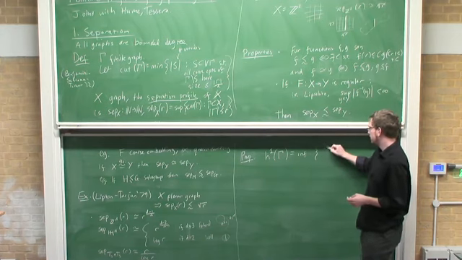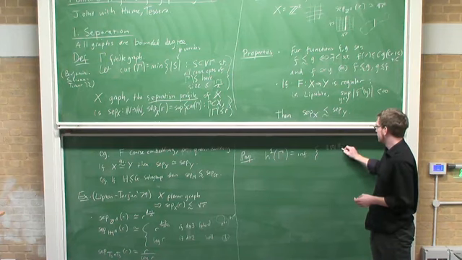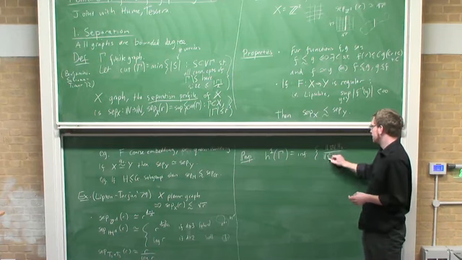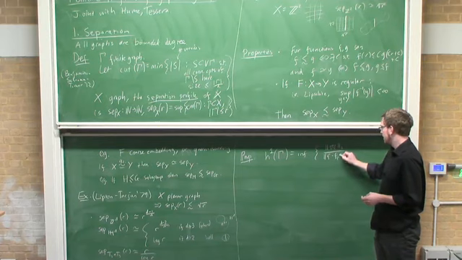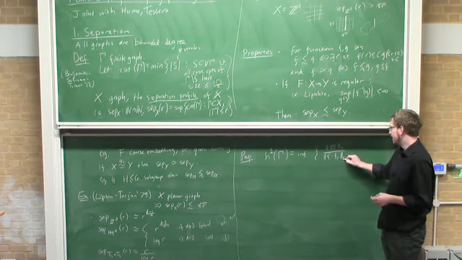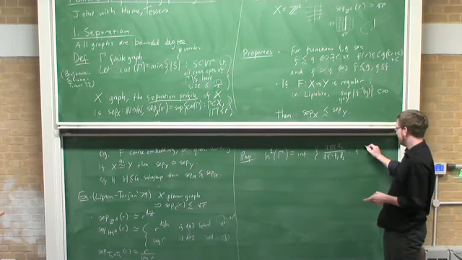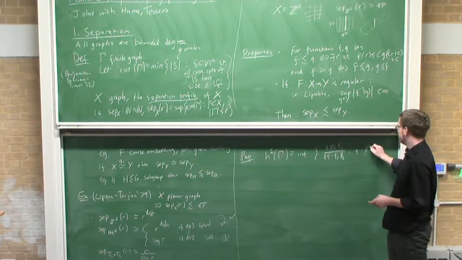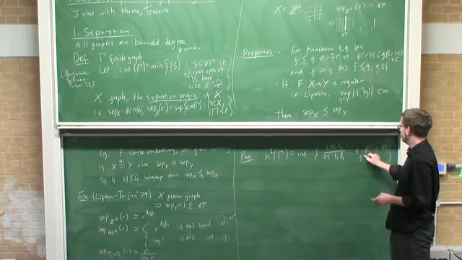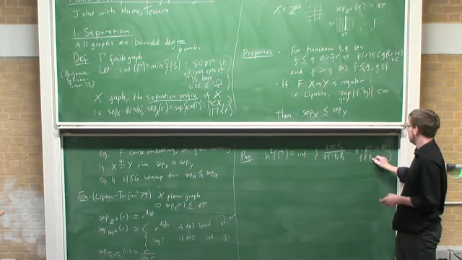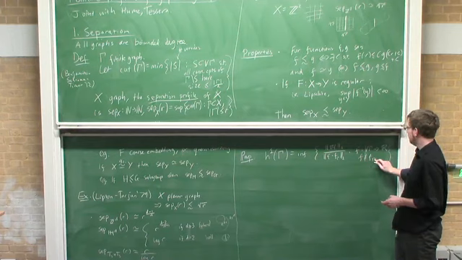Then phi is the one norm of the gradient over the one norm of f minus its average, where f is a non-constant function from the vertices of gamma to R. Okay, some things to define there.